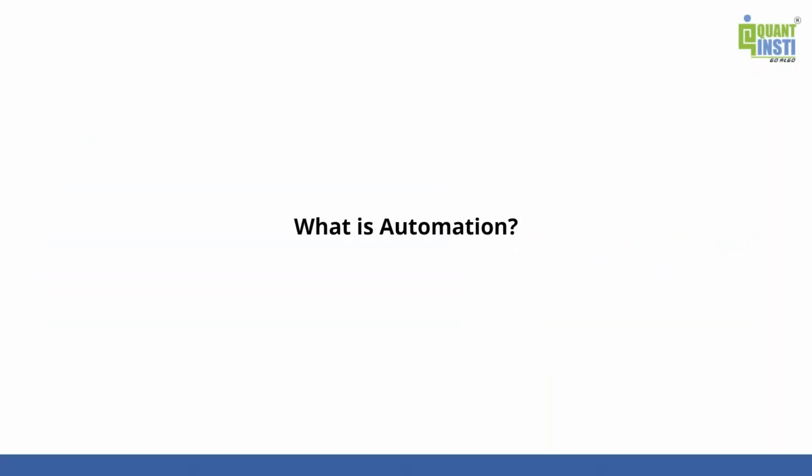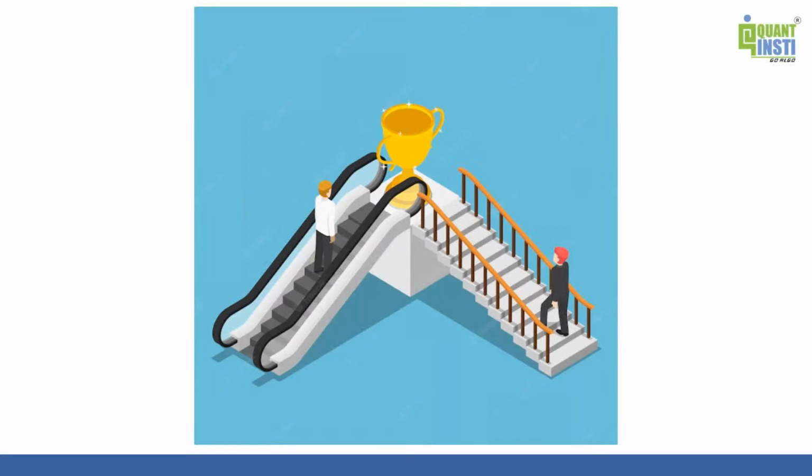Now let's see what automation is exactly. Before we look at automation, think about it. If you have to go up 4 flights of stairs, you can either walk or take an escalator or an elevator, right? Unless you're a fitness enthusiast, most of us would pick the escalator.